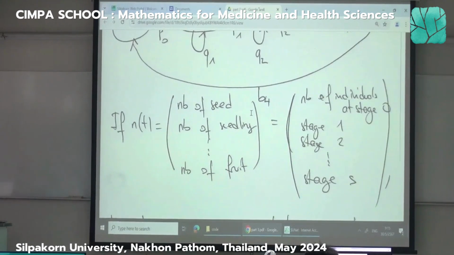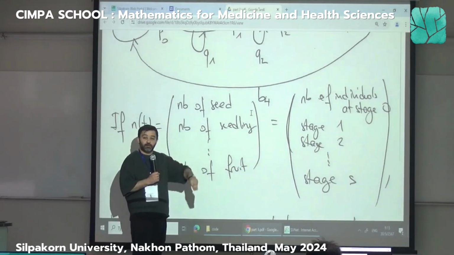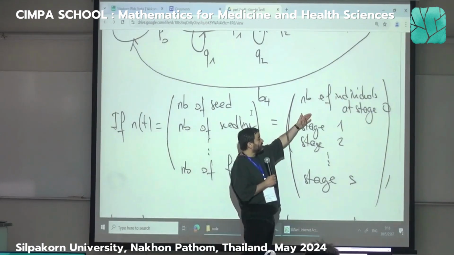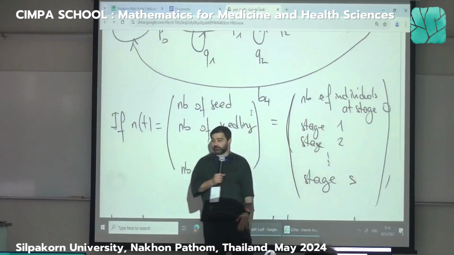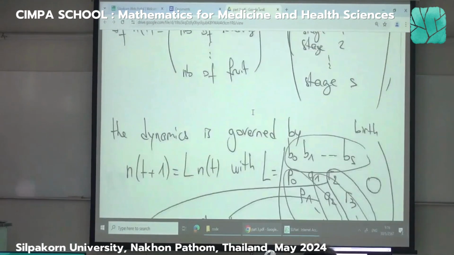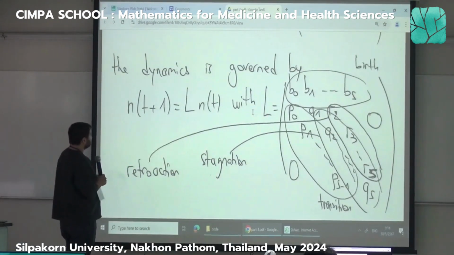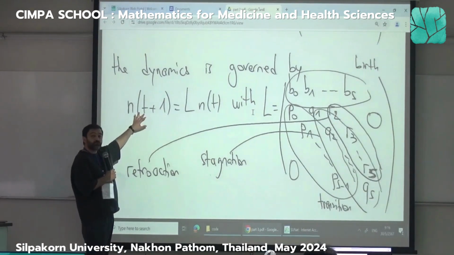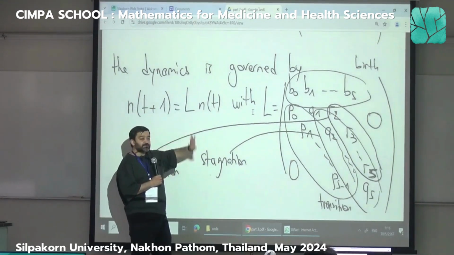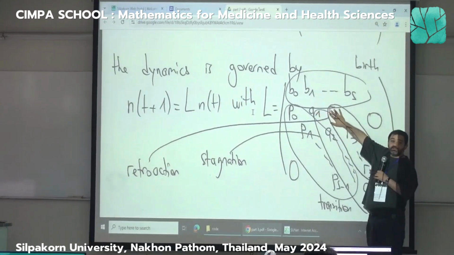More generally, instead of having H0, H1, H2, put your life cycle, you choose the order you want: stage 0, stage 1, stage 2, etc. The matrix is more or less the same as before. To compute the population at time t plus 1, just multiply the matrix by n. The matrix is very similar to the Leslie matrix.